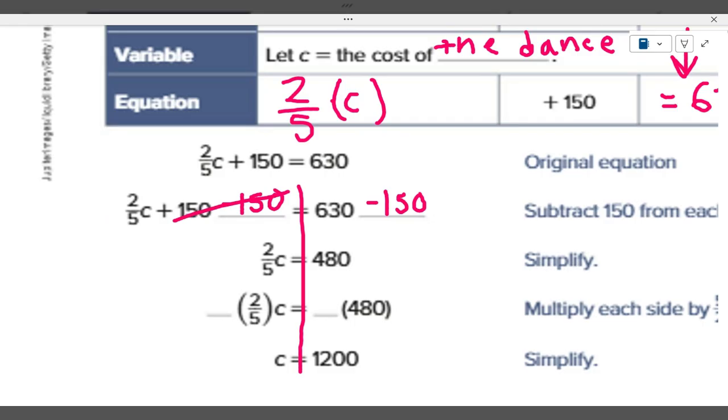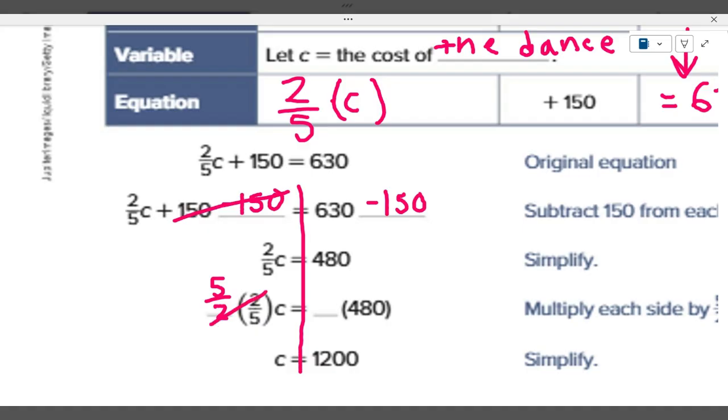And what that means is it's a fancy way of saying we're going to flip this fraction like that. It's going to undo this because 5 times 2 gives us 10, and 2 times 5 gives us 10. And what is 10 divided by 10? It's equal to 1. And 1 times C is just C. So it cancels out, and that's exactly what we wanted to happen.